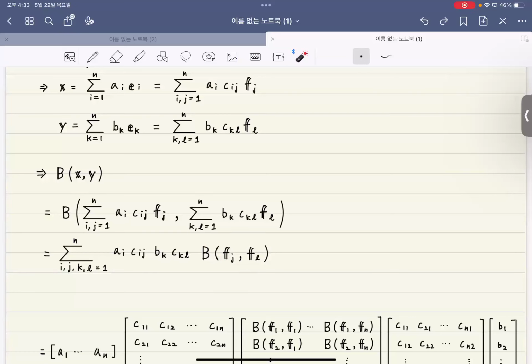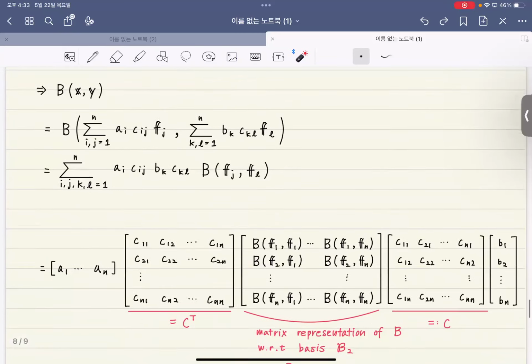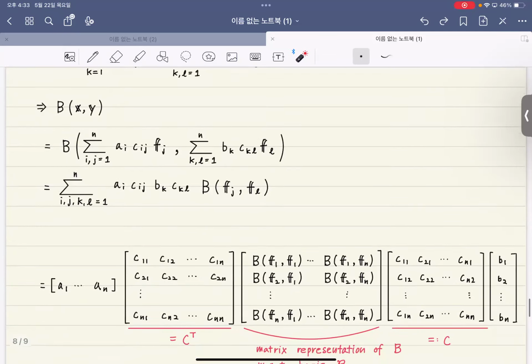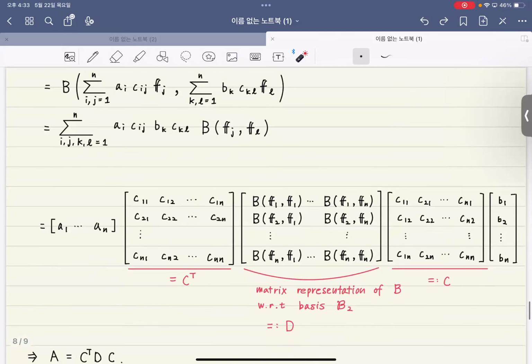Okay. All right. Even though this one looks so ugly, I also try to organize this expression as much as I can, and it turns out to be this one. So this guy goes to here. So numbers a1 to an, and these numbers go there as a column vector, and this c_ij.